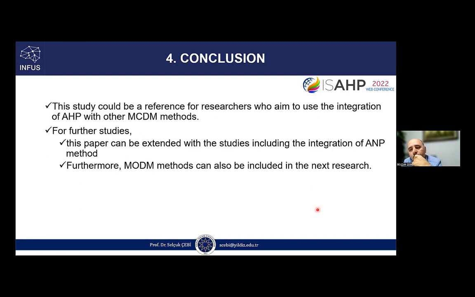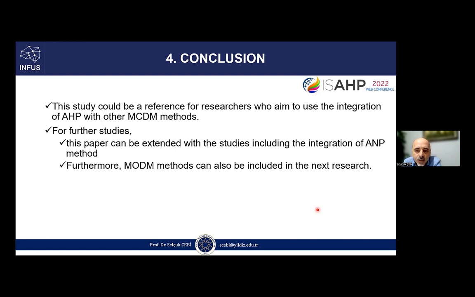The contribution of this study to the published literature is that this review work could be a reference for researchers who aim to use integration of AHP with other MCDM methods.